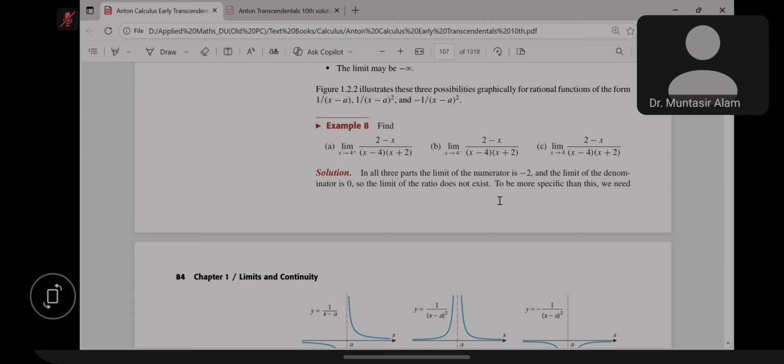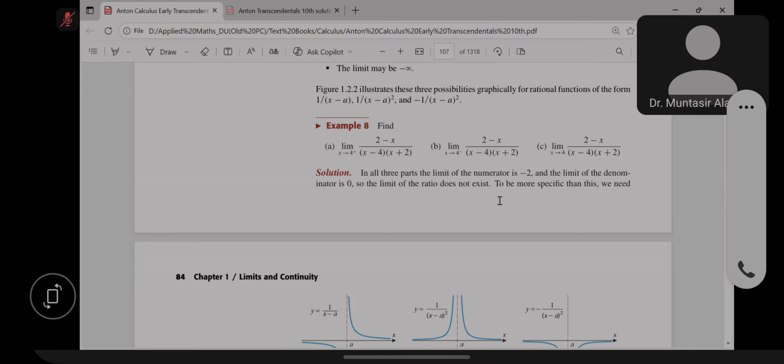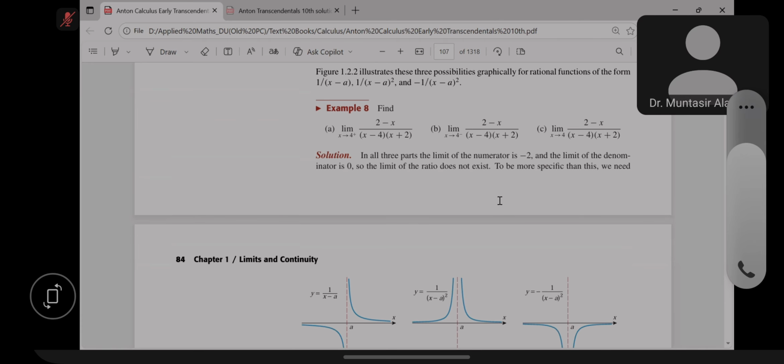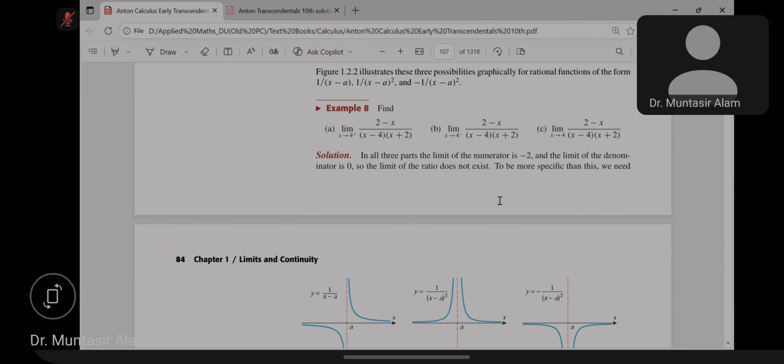All right. So in example 8, there are 3 problems given: A, B, and C. If you consider problem number A, what does it mean? What are the differences between the 3 problems, although the functions are the same? In all three cases, the functions are the same, but still, why do we set three different problems?